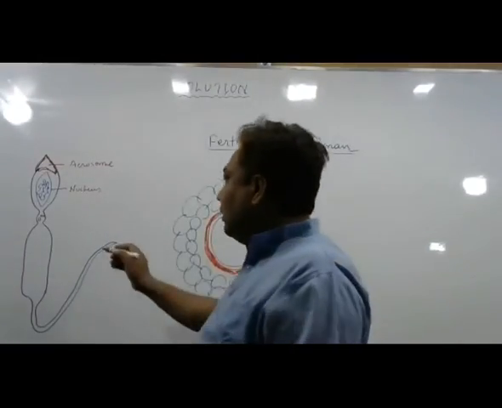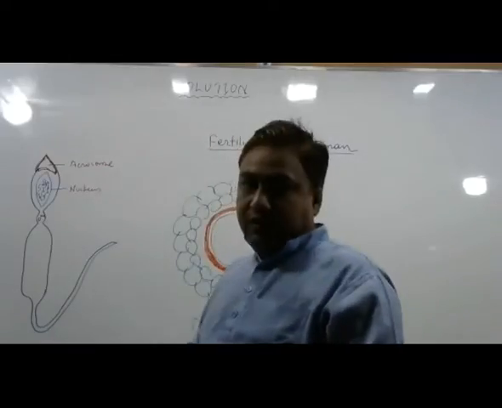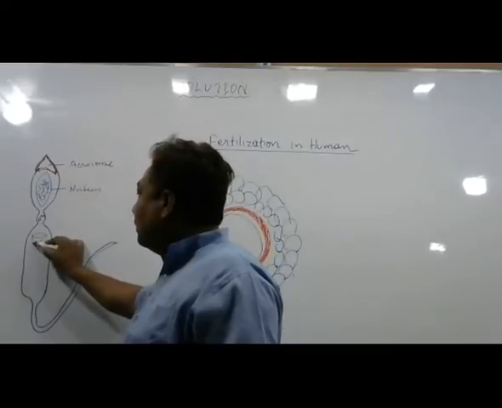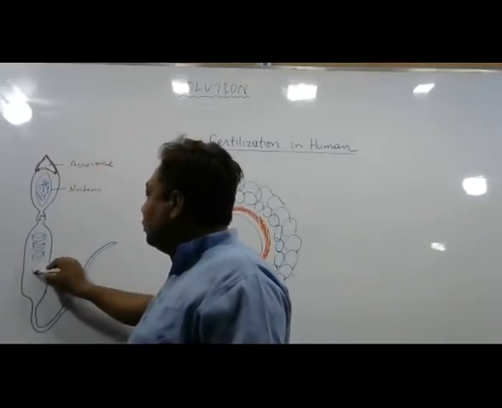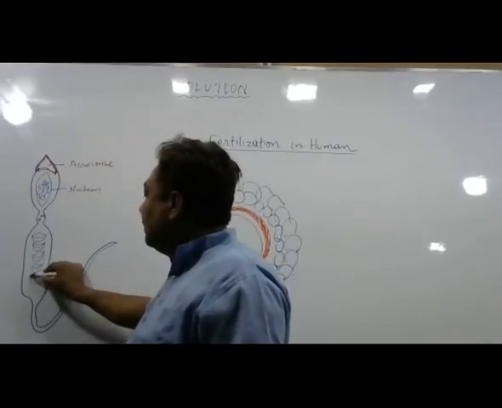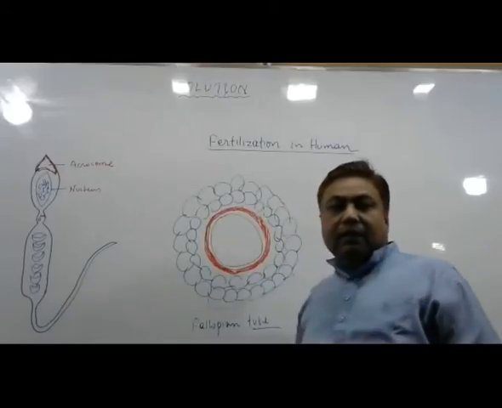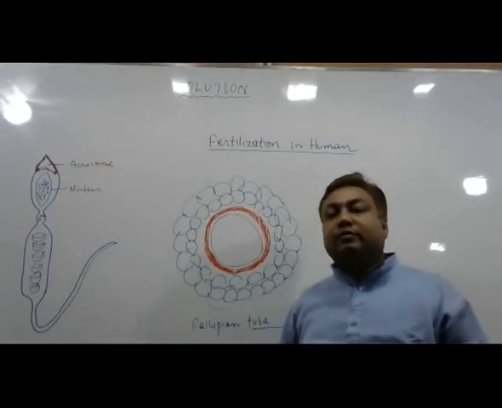So, what does it contain? It contains mitochondria, and these mitochondria are fused to one another. They are 70 to 100 in number, and they provide energy to the sperm.